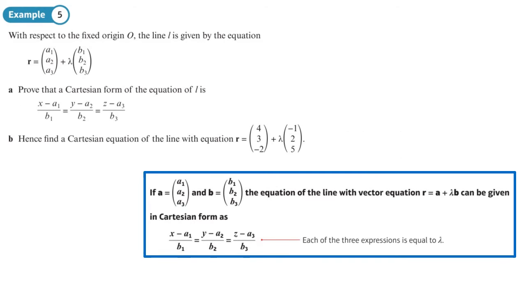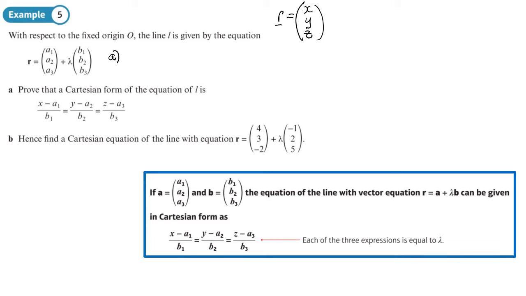Okay, with respect to the fixed origin, the line L is given by that equation. Prove that a Cartesian equation or Cartesian form of the equation of L is that. So Cartesian just means it has x, y, and z. So the first thing to note is that we can replace r, a point that it passes through, with x, y, z.